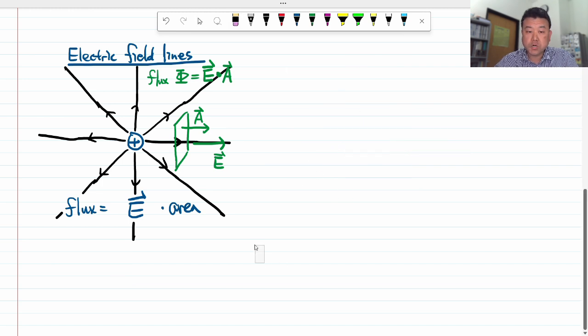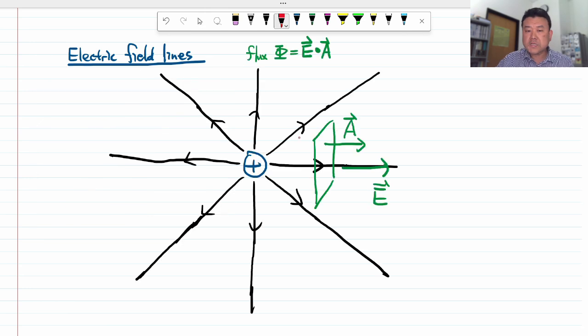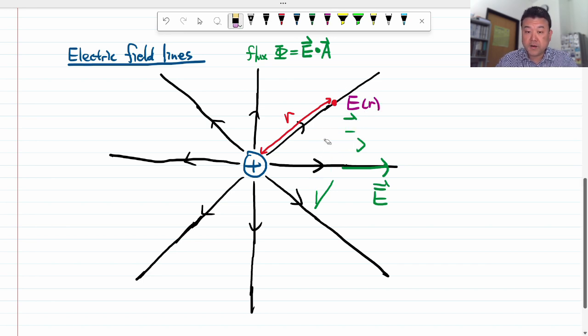We know a point charge produces radially outgoing field lines. Let's pick a distance r, at which point we measure electric field E as a function of r. And if we put together the set of all points that are at distance r, that becomes a sphere of radius r. Let me try to draw this sphere here.